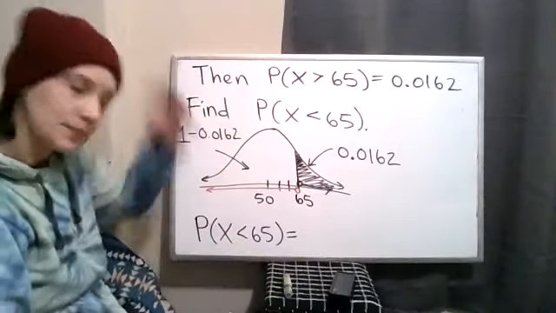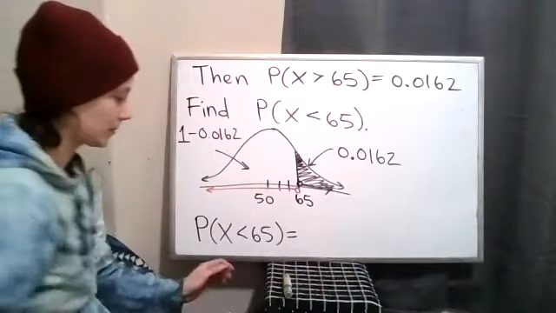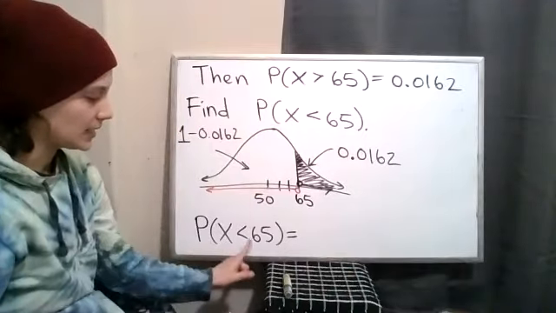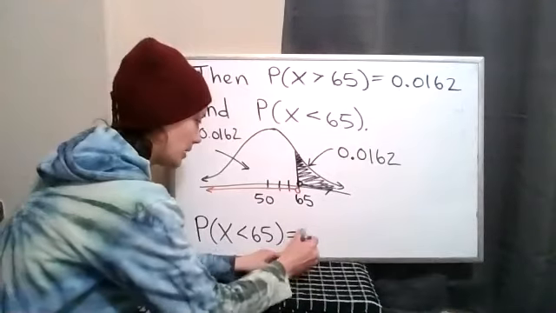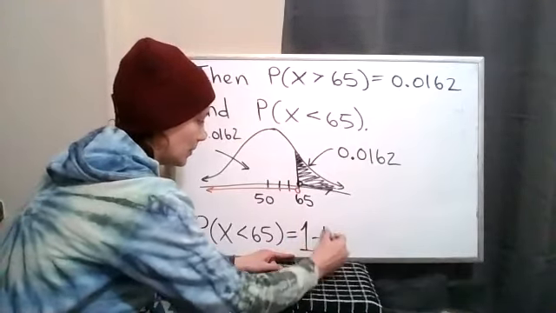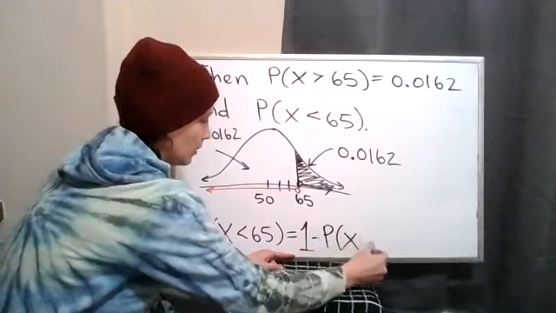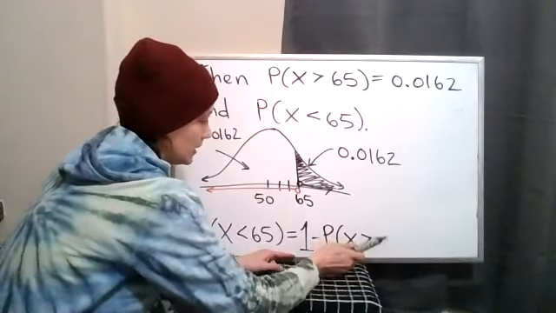Back to this. The probability that x is less than 65 is equal to 1 subtract the probability of x being greater than 65.